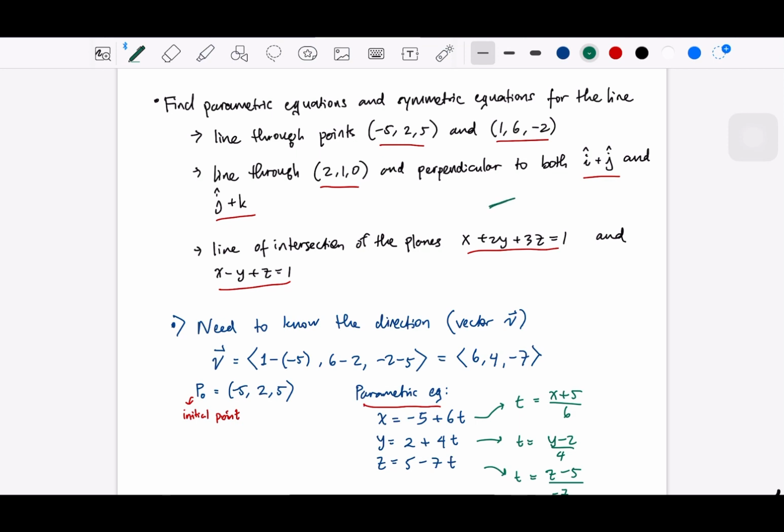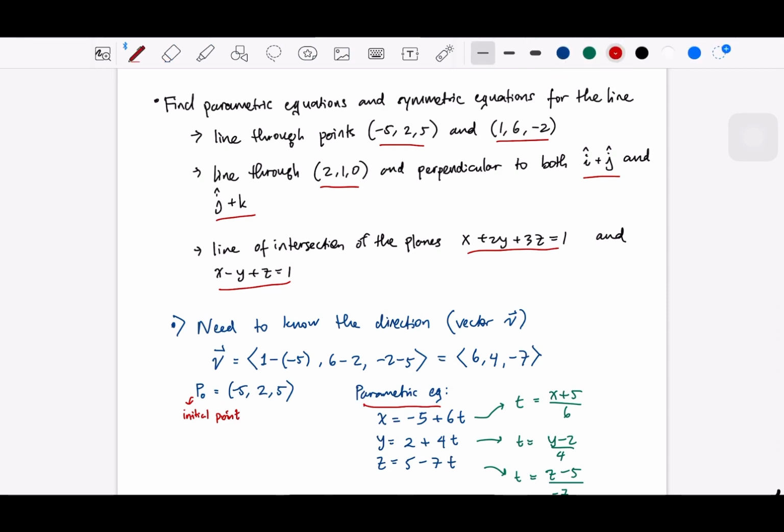And j plus k is on the y and z, so maybe here. So we need to find one vector that is perpendicular to both of this, right? Maybe this is not really clear.